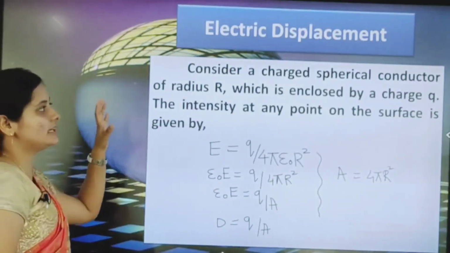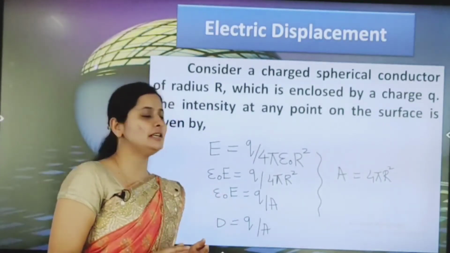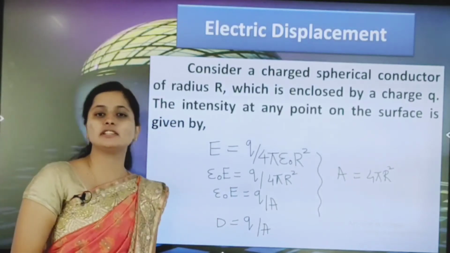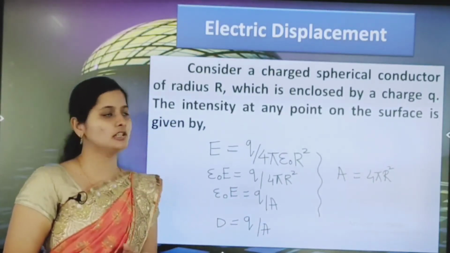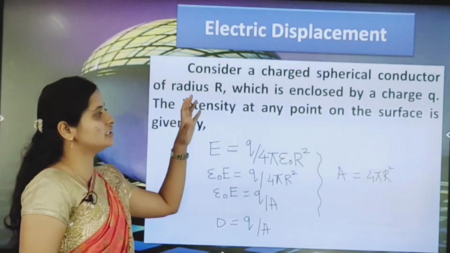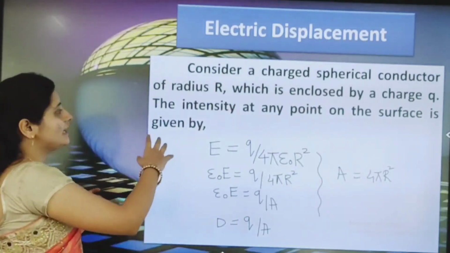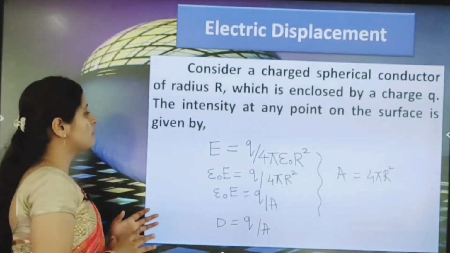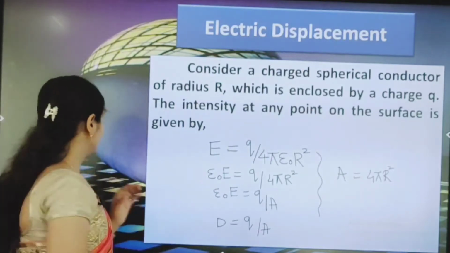First, electric displacement. In that, first we will see the explanation. After the explanation, we will see the definition. So here, consider a charged spherical conductor of a radius r which is enclosed by a charge q.